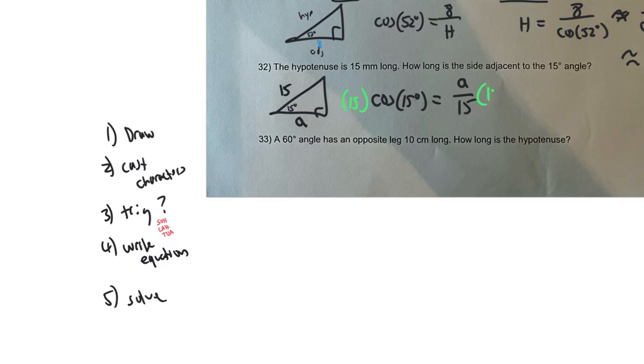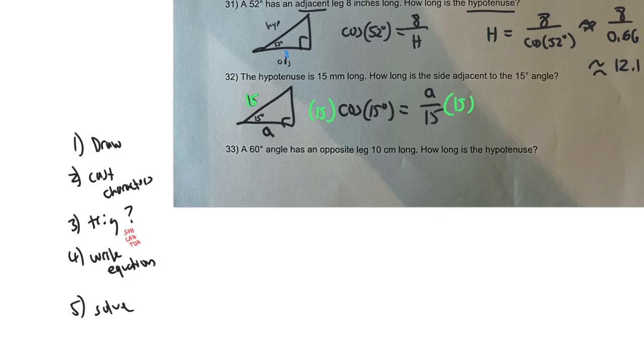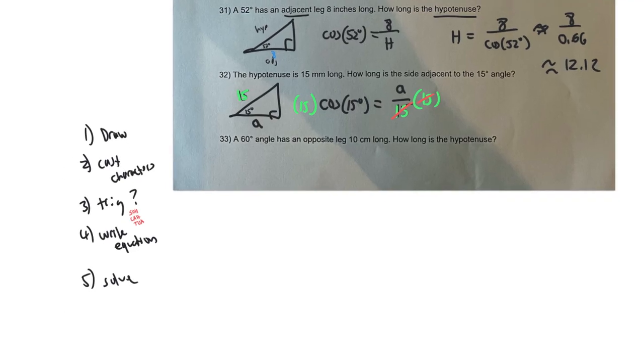Okay, and this 15 is this green 15 for the record. And the reason we multiply both sides by 15 is now these will cancel. And then it's going to be A equals literally 15 times cosine of 15.